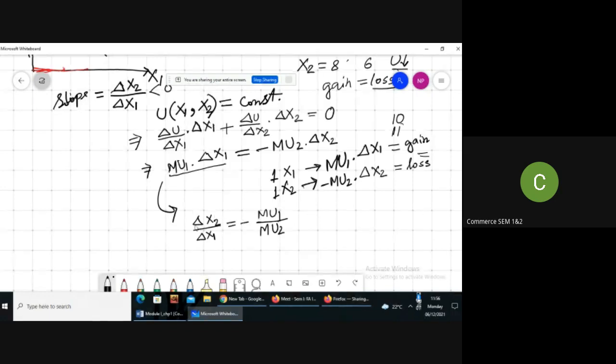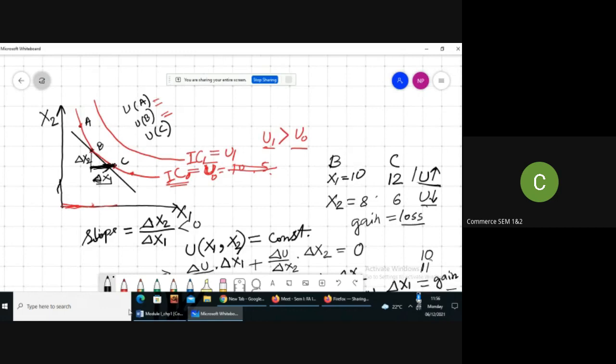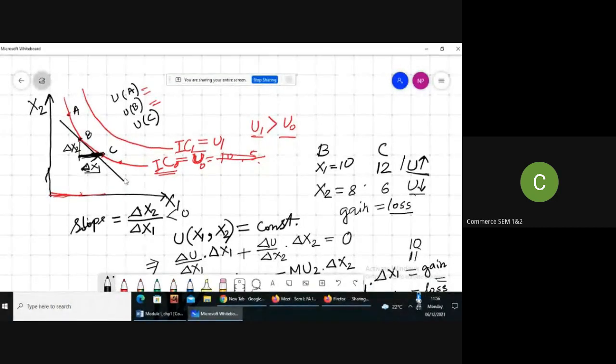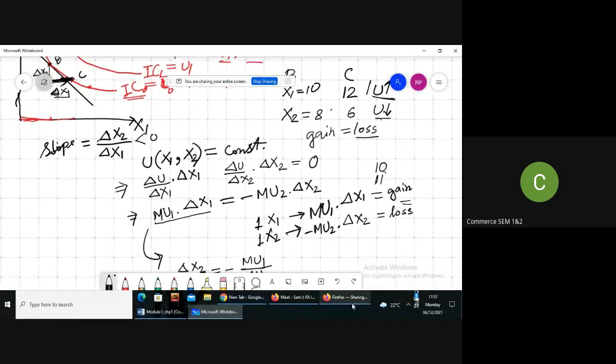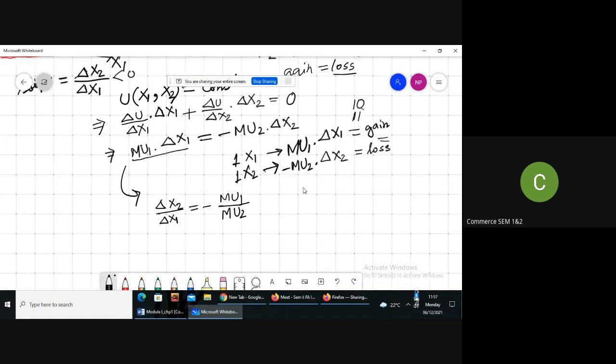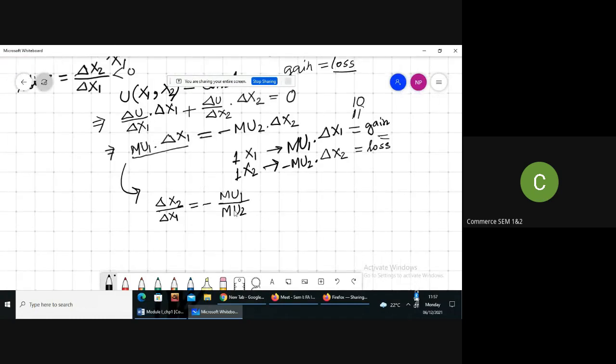This is nothing but the slope of the indifference curve, and this is the formula. The slope of the indifference curve will be equal to minus marginal utility of commodity 1 divided by marginal utility of commodity 2. Fine? Yes, sir.